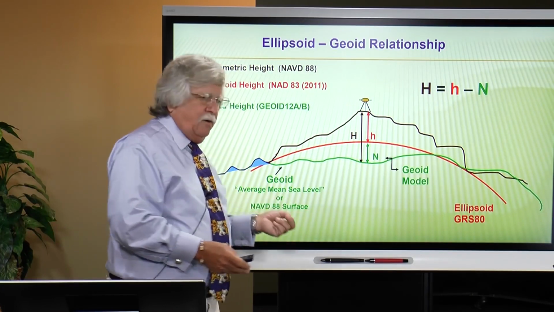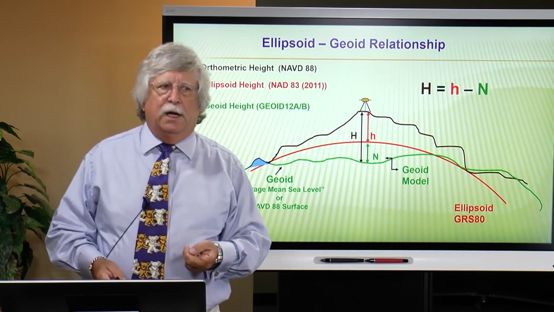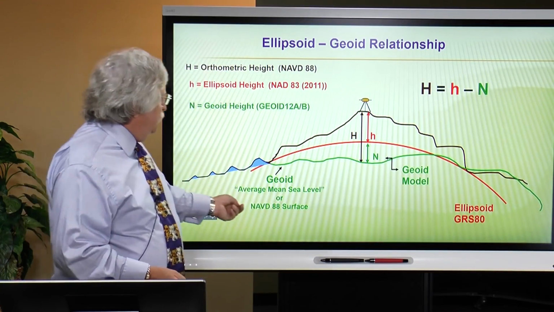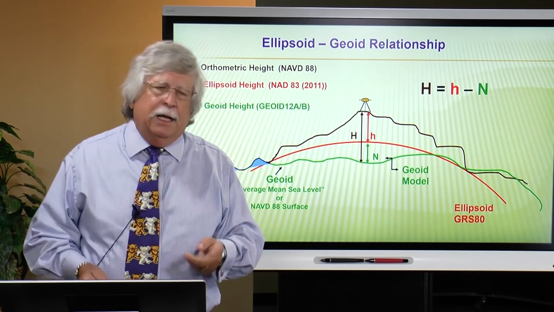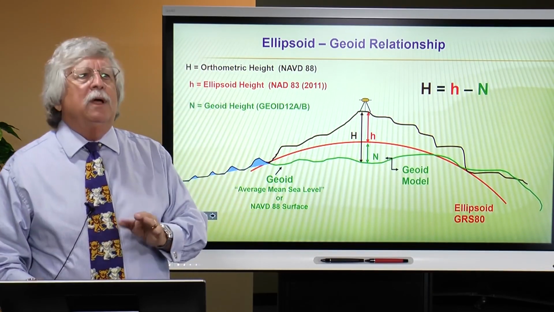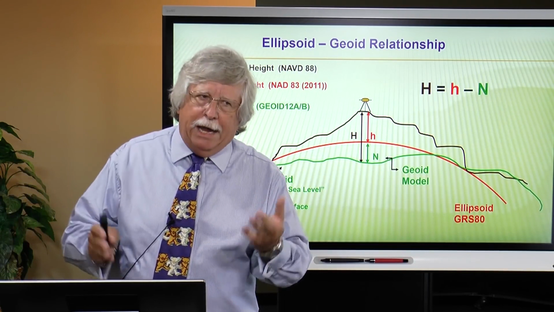For the conterminous United States, the national vertical datum is the North American Vertical Datum of 1988. It's not mean sea level, but it is the surface from which heights are determined.